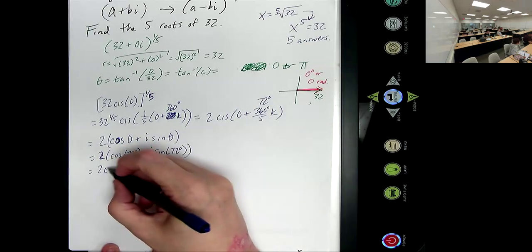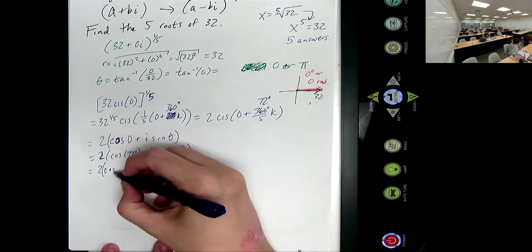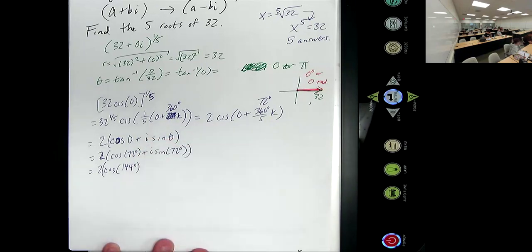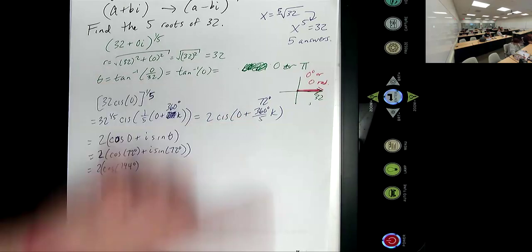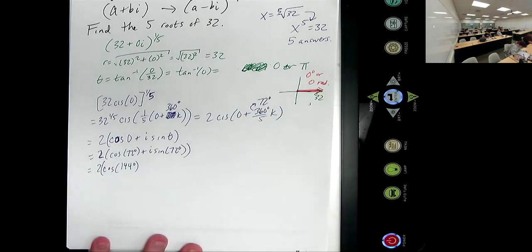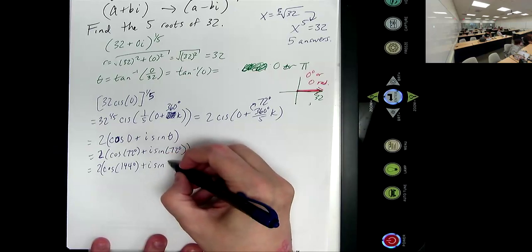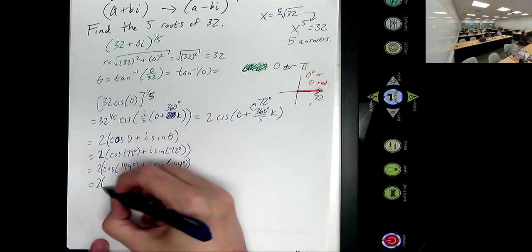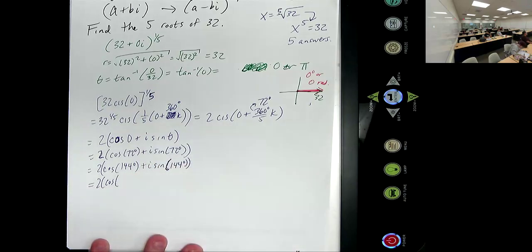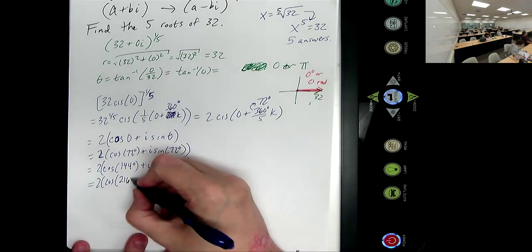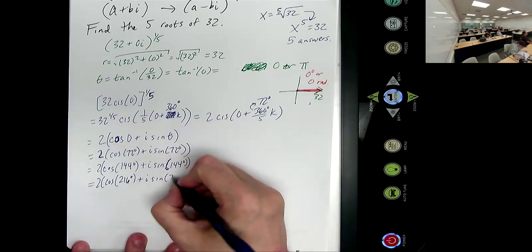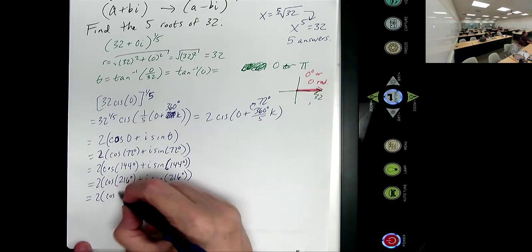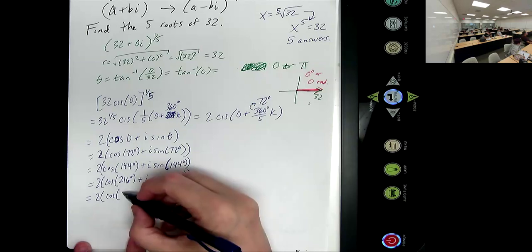Then 2 cosine, add another 72 is 144, plus i sine 144. Then add another 72, we get 216. Add another 72, we get 288.